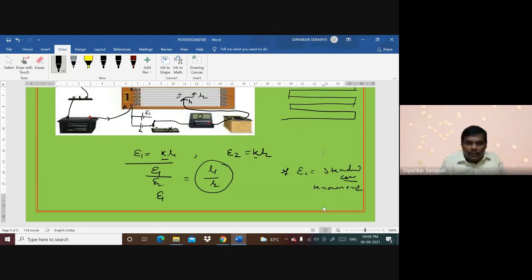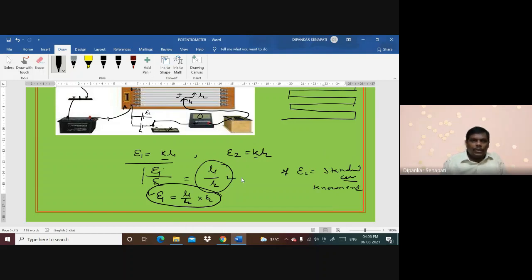We can find E1 is equal to L1 by L2 into E2. We can find the EMF of the primary cell also, and we can easily compare the EMF of two given primary cells.